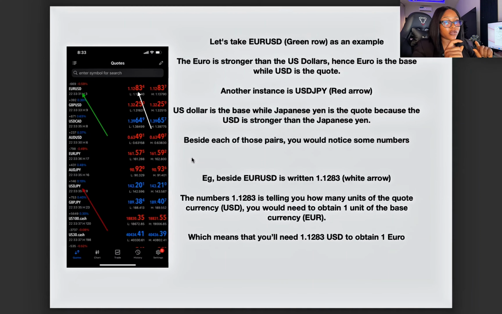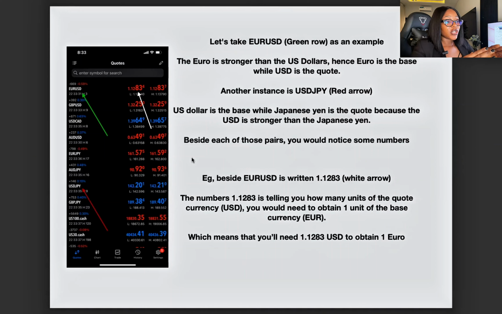Let me give you a simple illustration to understand this. Naira to dollar is about 1,500, which means if you want to obtain $1, you're going to pay 1,500 naira before you can obtain $1, which means the dollar is obviously of a higher value than the naira. That is exactly what is represented here.